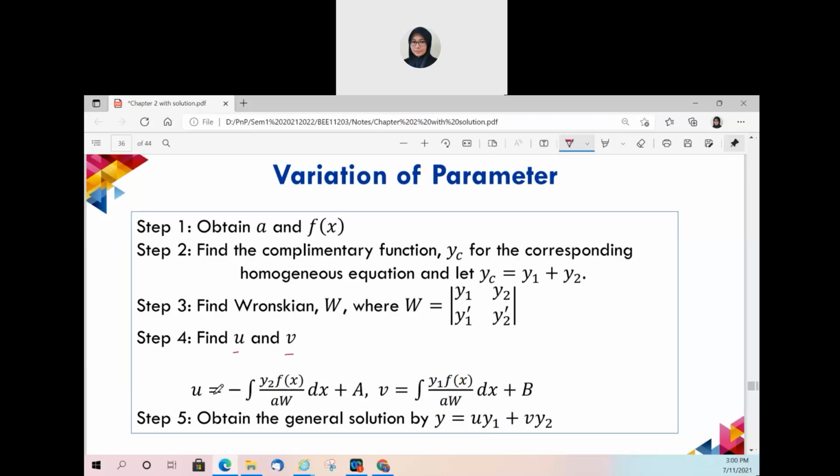U equals to minus integrate y2 times fx divided by A W dx plus A, where A is constant. And then V equals to integration of y1 times fx divided by A W dx plus B. So this B also constant. So last, your general solution y equals to U times y1 plus V times y2. So this is how we solve using variation of parameter.